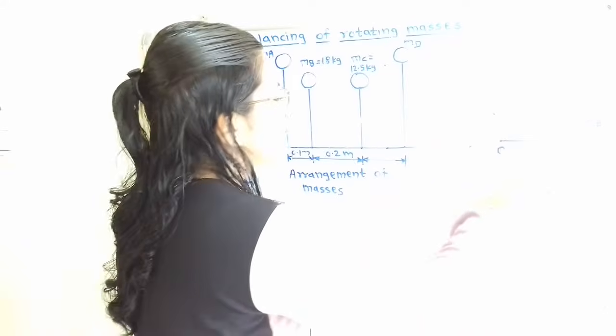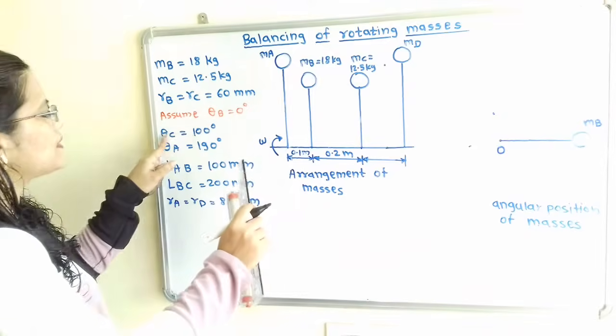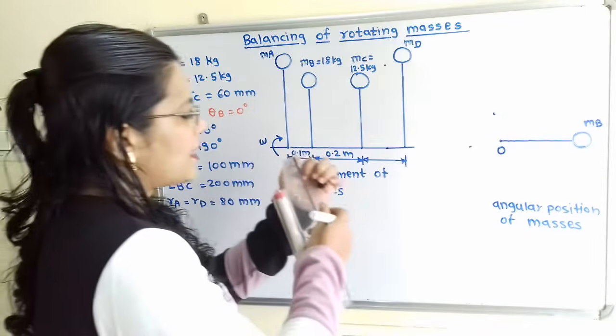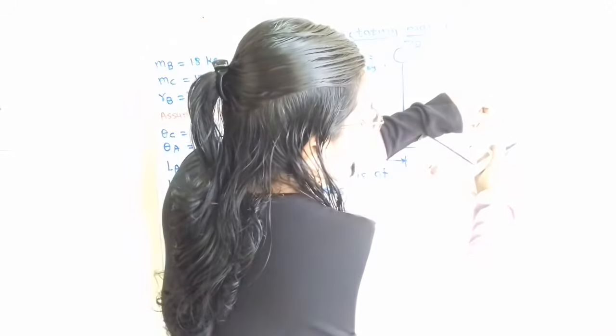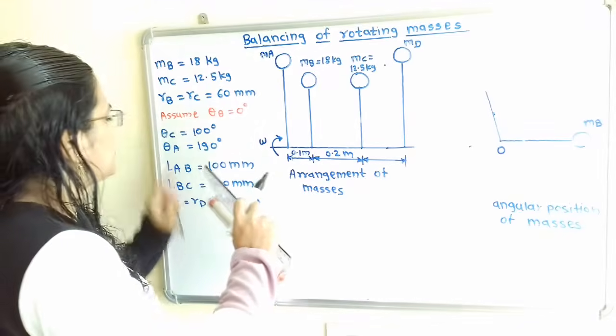Now with reference to this mass B, what is the mass C? 100 degree. So again with the help of protractor, this center we have to keep at this point O and we have to select one point at 100 degree and then we will draw here one line. Now we have to plot this mass C which is at 100 degree.